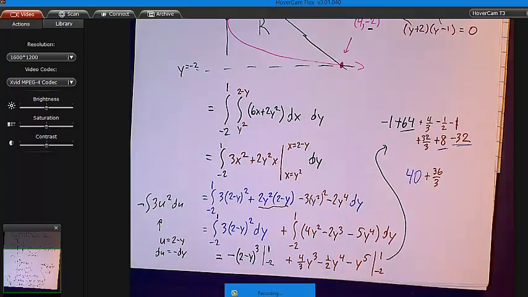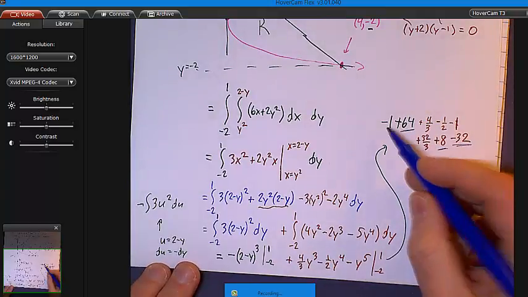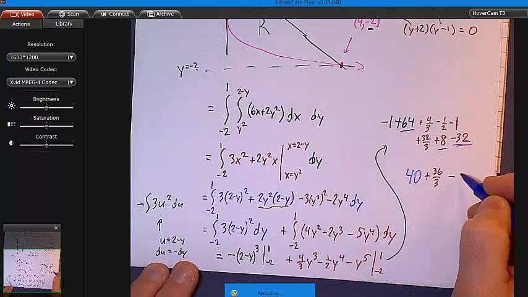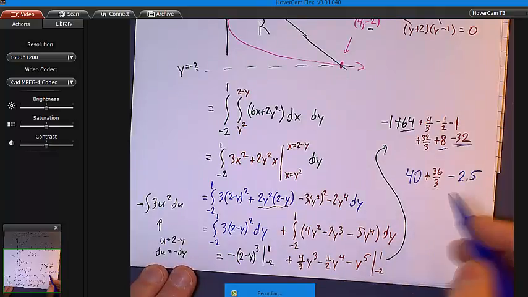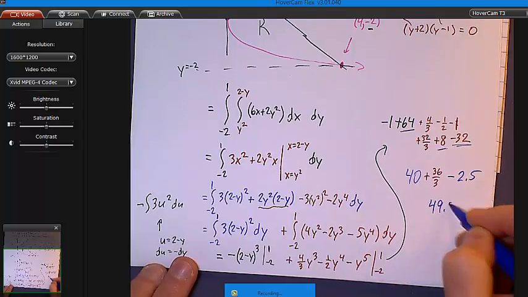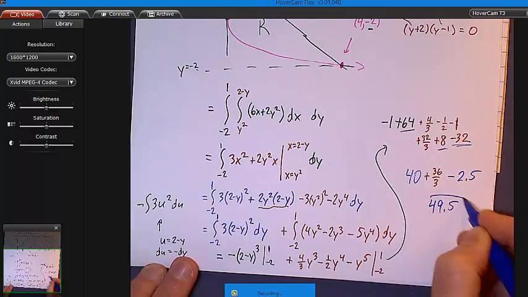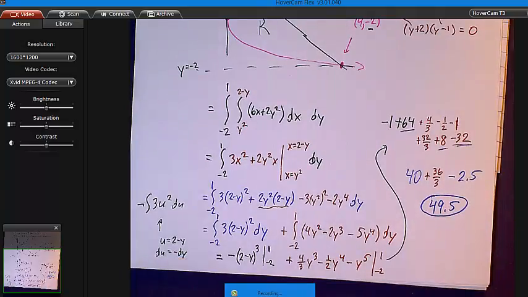And then I just need to subtract the stuff I didn't account for yet. There was a minus 1 and a minus 1 and a minus 1/2. Isn't that minus 2.5? Right? So 40 plus 12 is 52 minus 2.5. I'm getting 49.5. Did anyone else get that? We have a couple of agreement. Wow, that was fun.